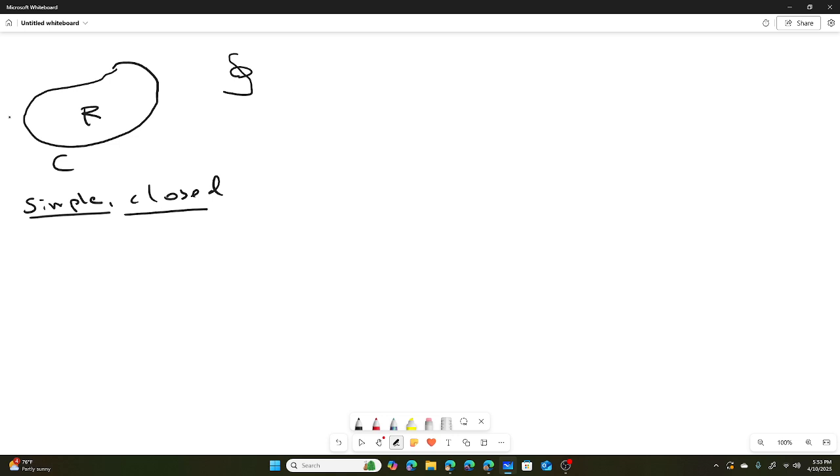And suppose that we give the curve C an orientation, right? It would be counterclockwise. So imagine that we also have a vector field F, right?